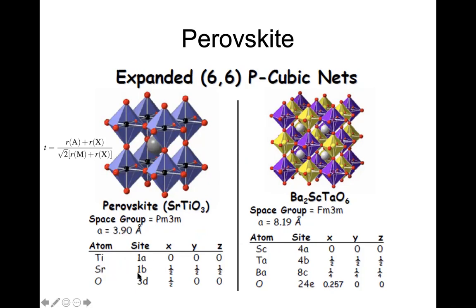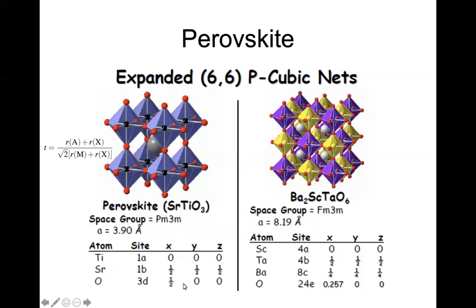And strontium, there is only 1 strontium sitting at the center. So effectively, we have 1 strontium. Okay. And it sits at the position half, half, half. So from the origin, half here, half in the y-axis and z-axis. So that is this one. These are all the Wyckoff sites. Now you see oxygen.